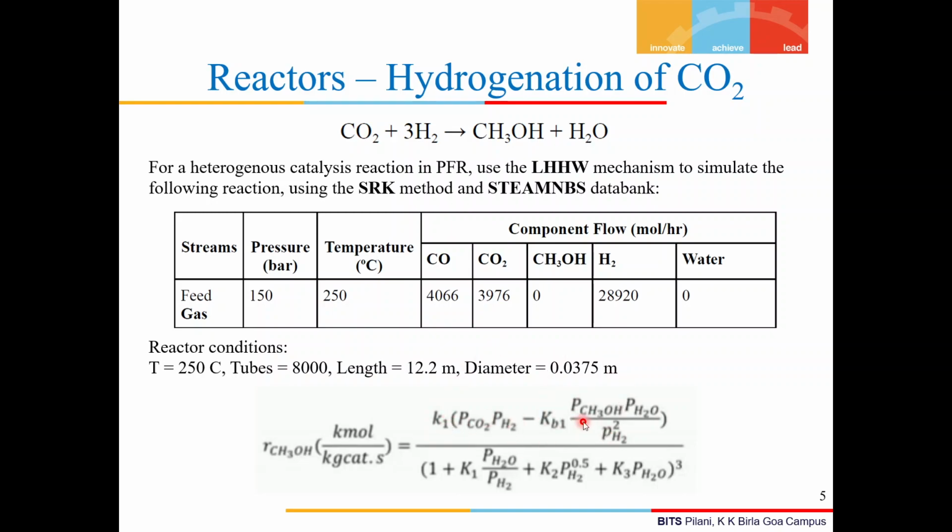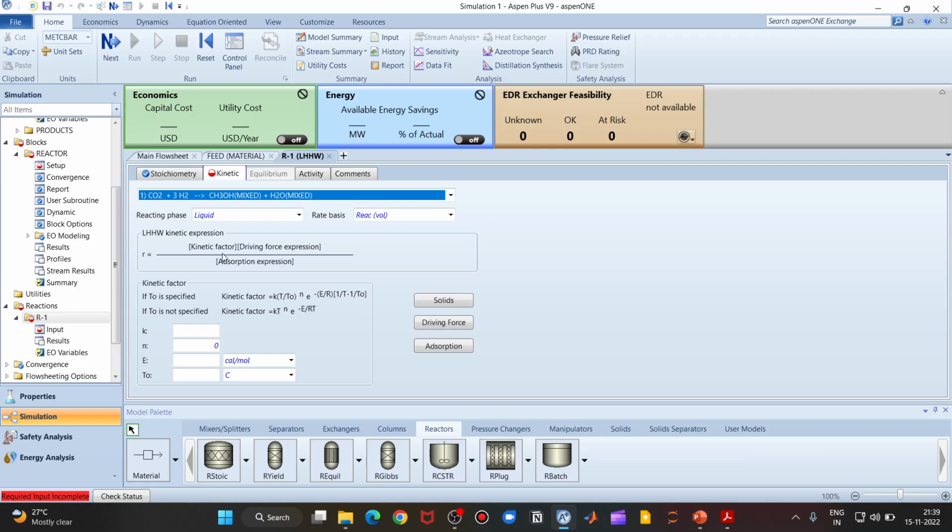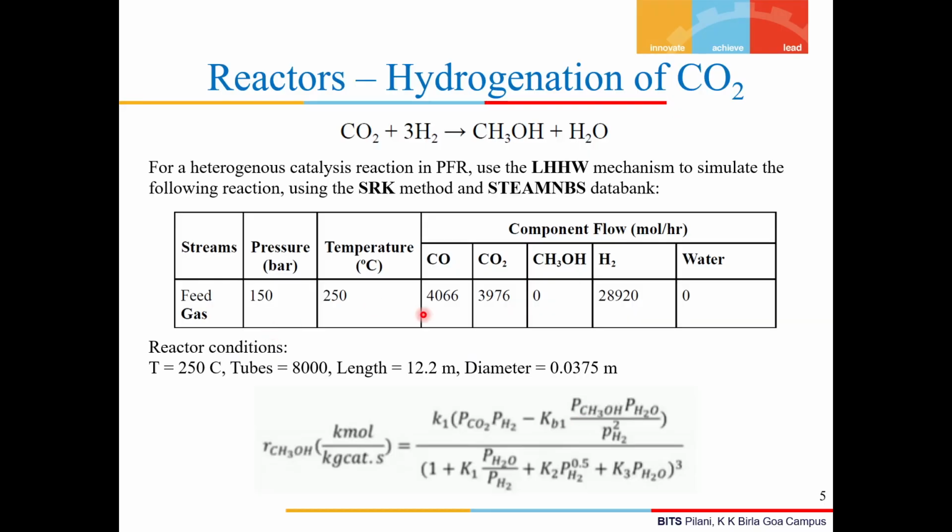I hope you are getting it. So in that case, the kinetic factor will become 1. I repeat again, instead of having kinetic factor and driving force separately, we will be multiplying the kinetic factor into the driving force, which means that we'll be getting only 1 outside the bracket.